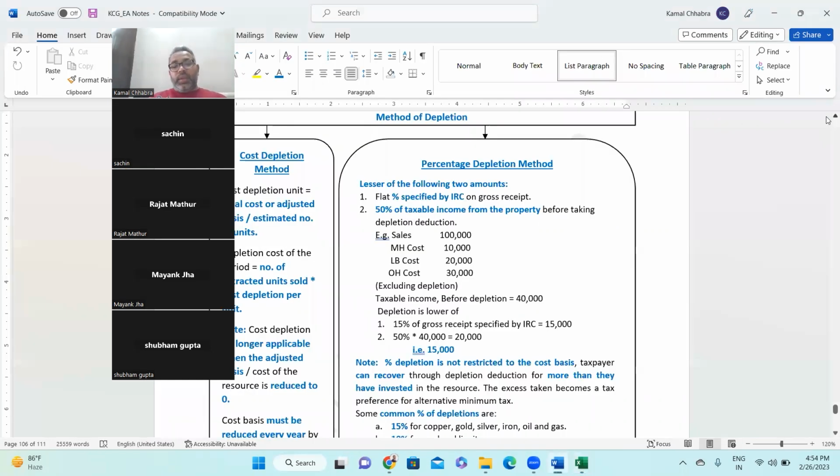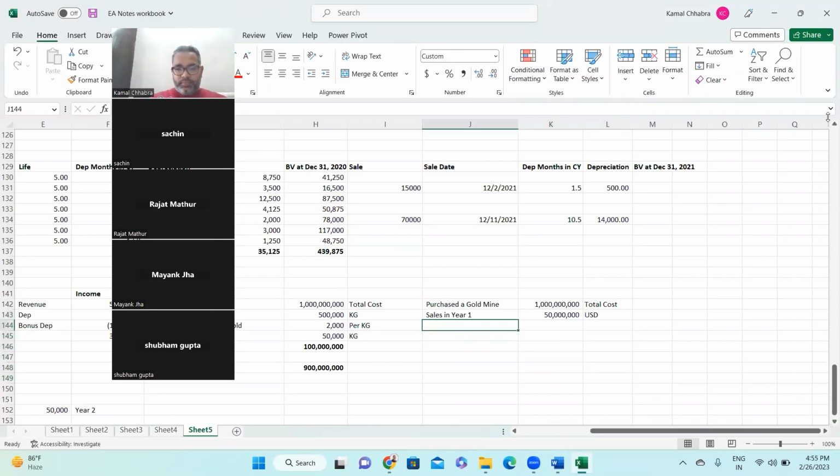And then you have the IRC rate, let's assume 20%. And then you have manufacturing costs, labor cost, and overhead cost.